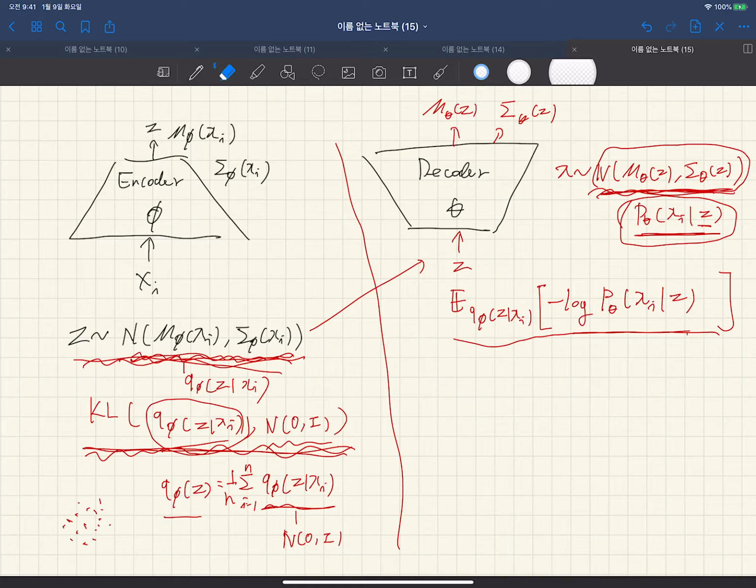There is some other distribution q_φ(z|x_i) that can make q_φ(z) follow normal distribution, mean zero, and identity matrix.